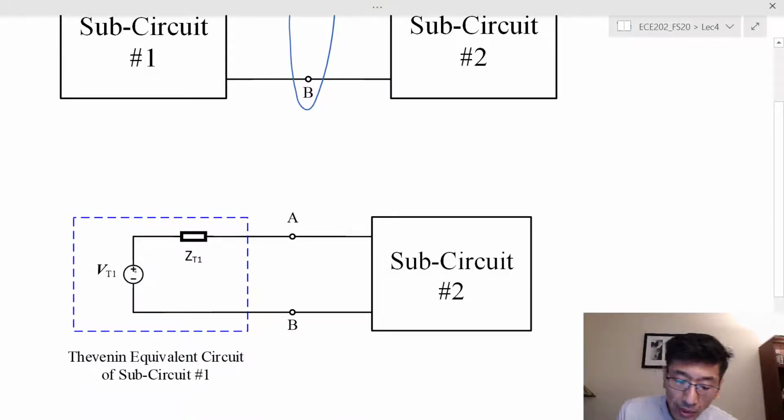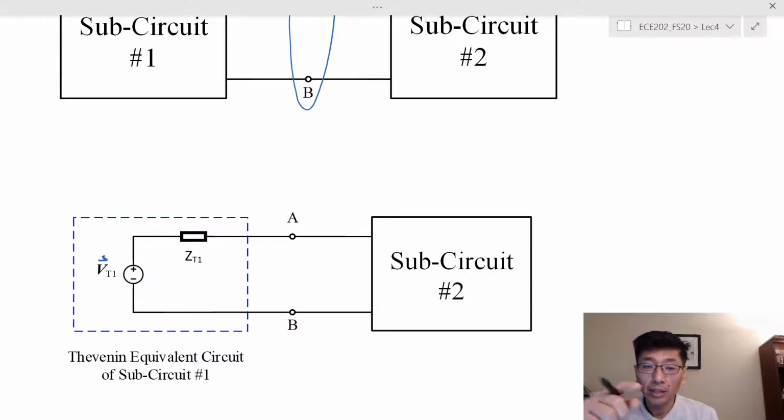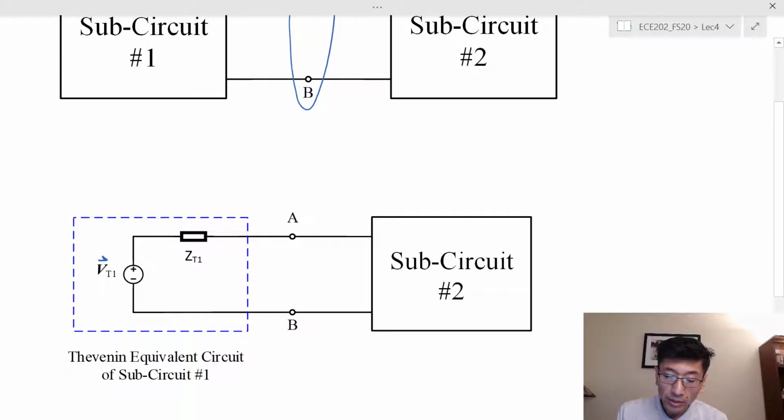source. And by the way, I'm using the capital V in bold fonts in some of the figures interchangeably as the phasor notation with the vector overhead. Okay. And the Thevenin equivalent circuit is a voltage source in series with an impedance. Right? The Thevenin impedance, we use subscript T to indicate the Thevenin equivalent impedance.